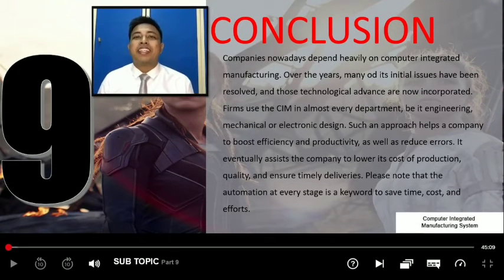My turn. What we can summarize and conclude from this topic is that CIM can help in the manufacturing system. The approach increases the speed of the manufacturing process and uses real-time sensors and closed-loop control processes to automate the manufacturing process. It is widely used in the automotive, aviation, space and shipbuilding industries.